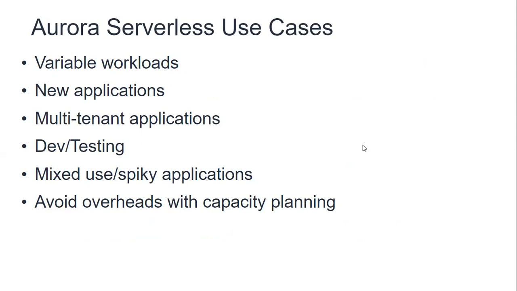So you use Aurora Serverless if you have workloads that are variable, where the performance required varies. So maybe at one point in time, you have a few writes and then just some specific number of reads.